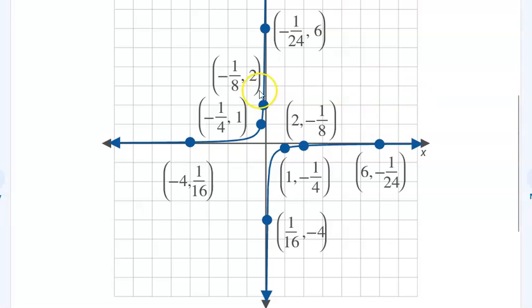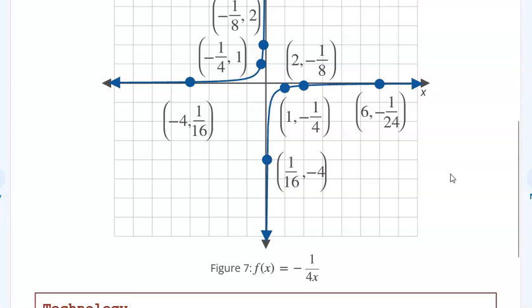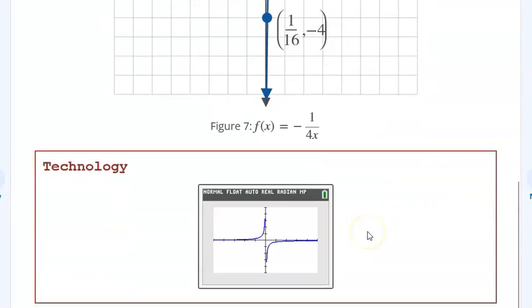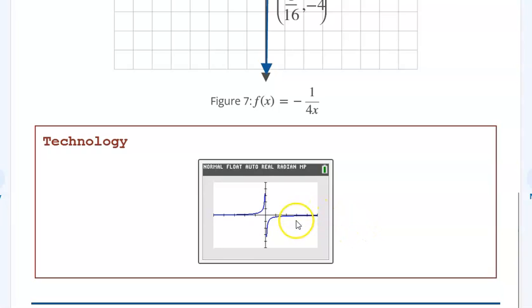Again, showing a vertical and horizontal asymptotes as these fractions get smaller and smaller and smaller. So take a moment to sketch these. And again, there is the example, and putting this into your calculator would look something like this.